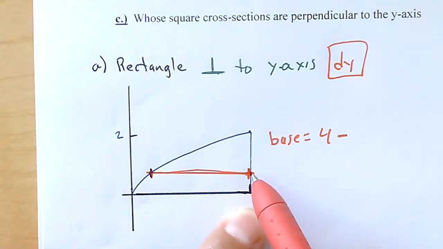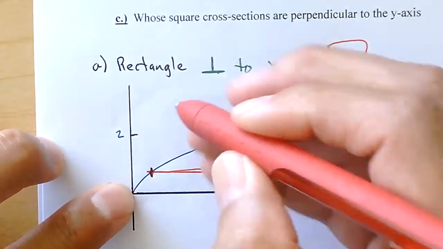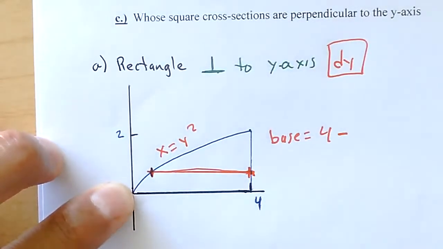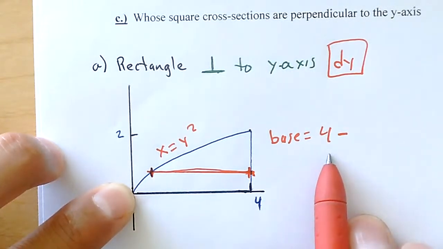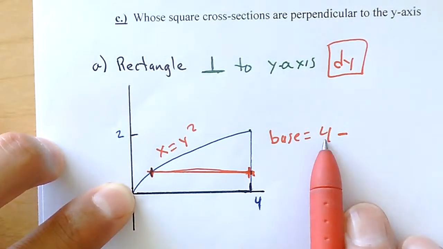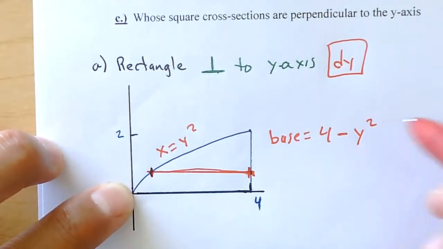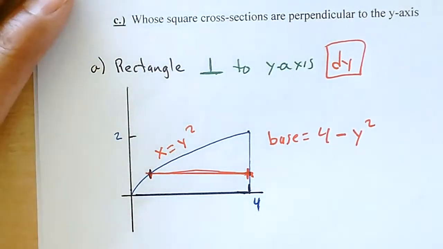So where this is x equal 4, this one should be x equal to y squared. So the base is right minus the left. And that is the base that I'm going to be using.